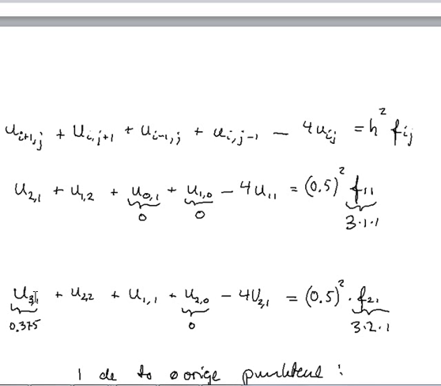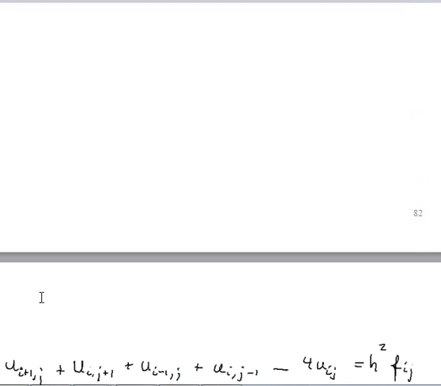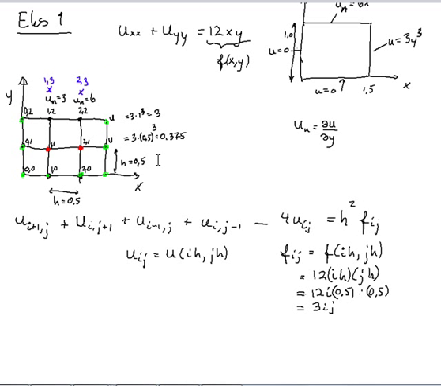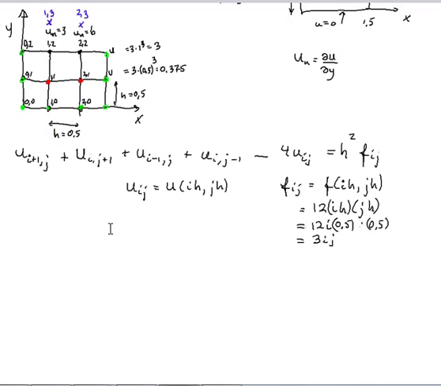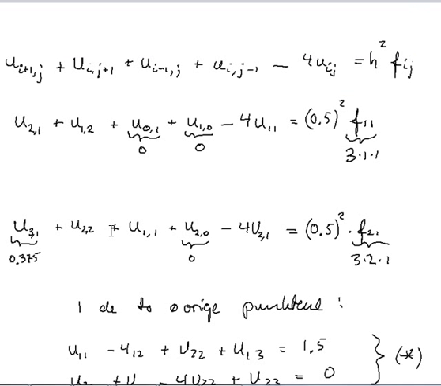This point u_31 is this point. So instead of writing this, we just put this number into the equation. So now we have 2 equations, but unfortunately we have 3 unknown quantities: u21, u12, and u11.